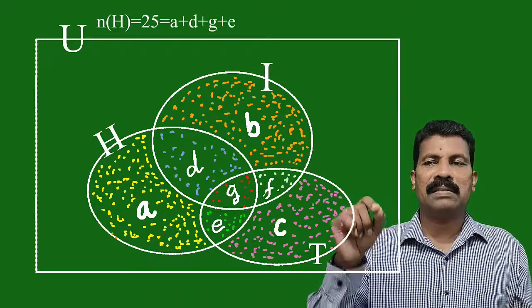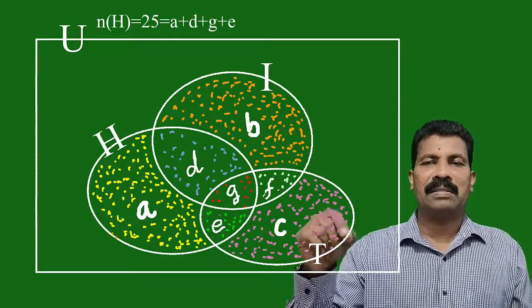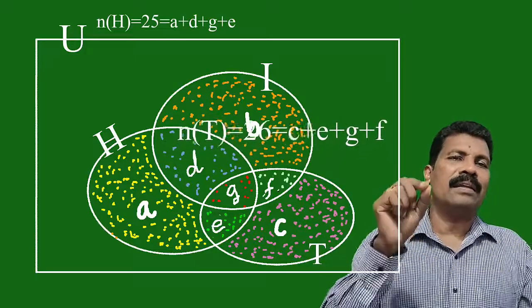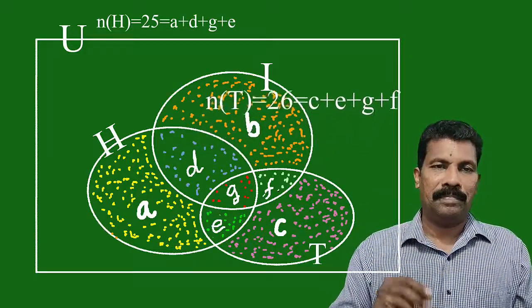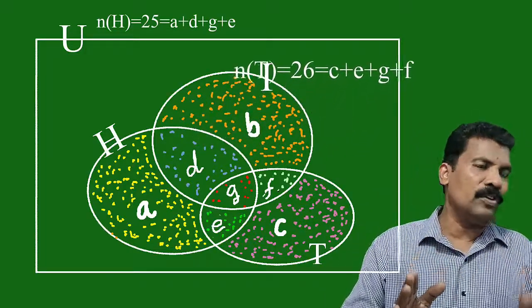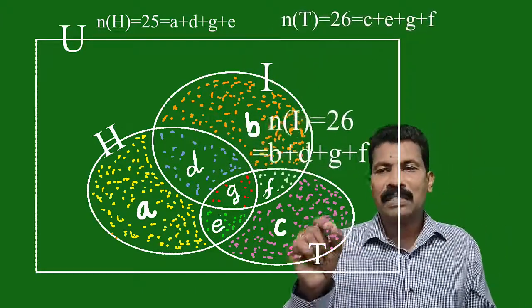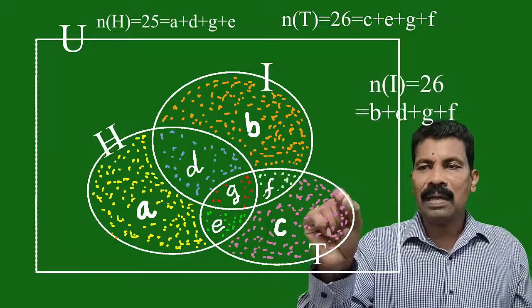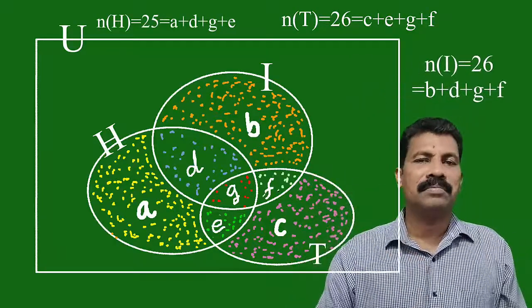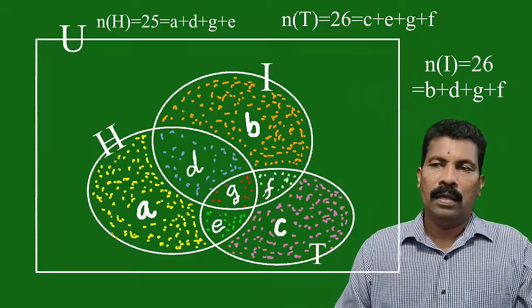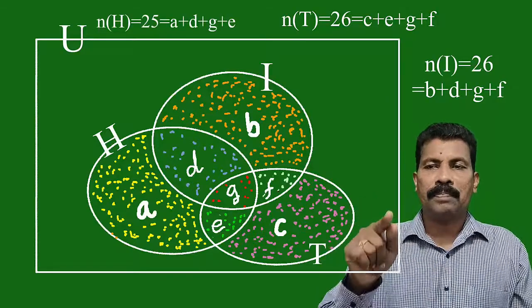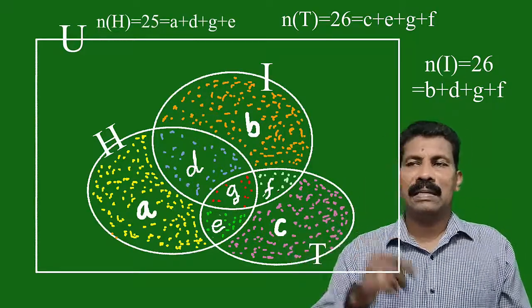That is C plus E plus G plus F. Similarly, N of I, the number of people who read newspaper I is again 26. That means B plus D plus G plus F. See the diagram. So 26 is equal to B plus D plus G plus F.